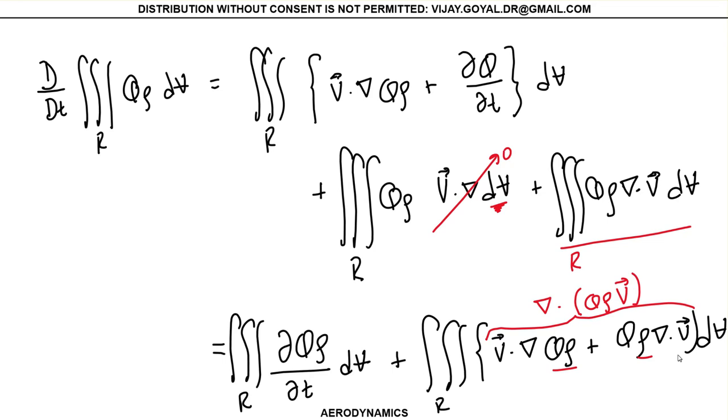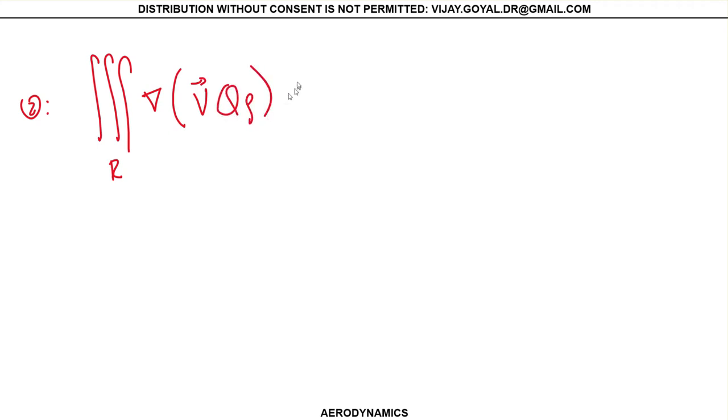Now, one of the interesting things about calculus is that we know the divergence theorem. So let me write this whole expression again. This second term, we could express as the triple integral of the divergence of V Q rho, d volume.